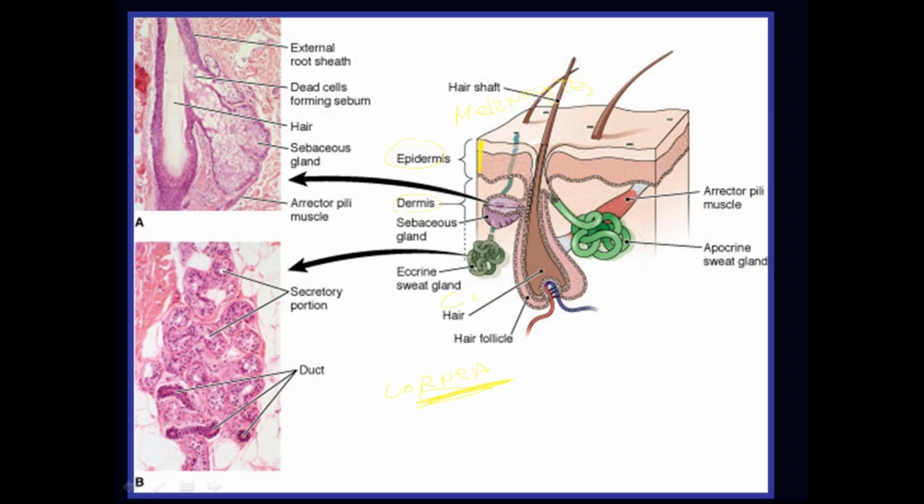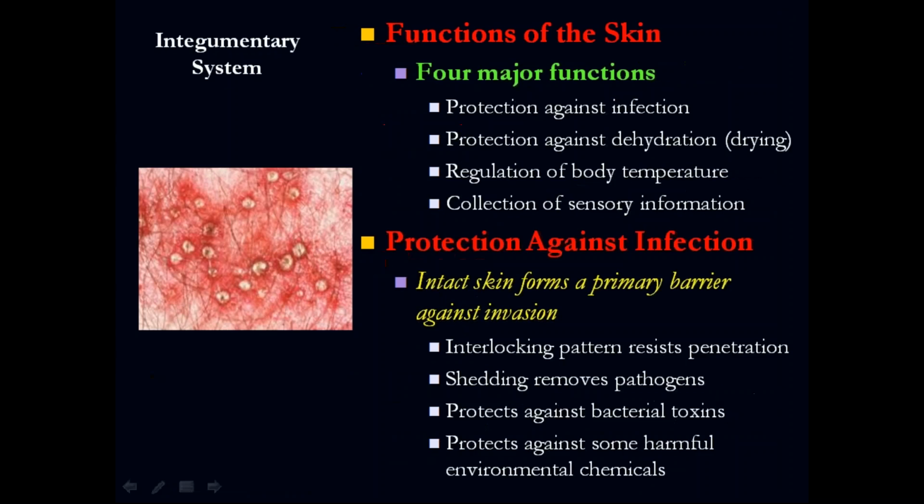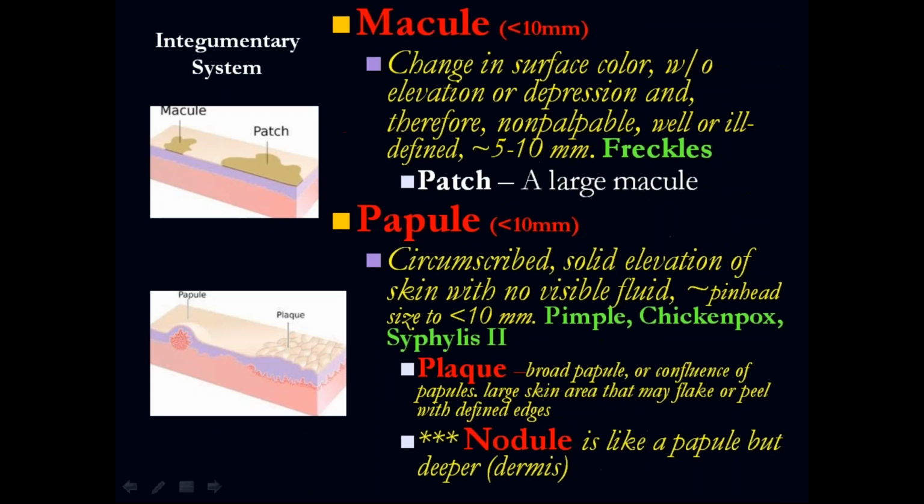Erector pili is a muscle. We have arteries, veins, nerves, and muscle. Everything is in the dermis.